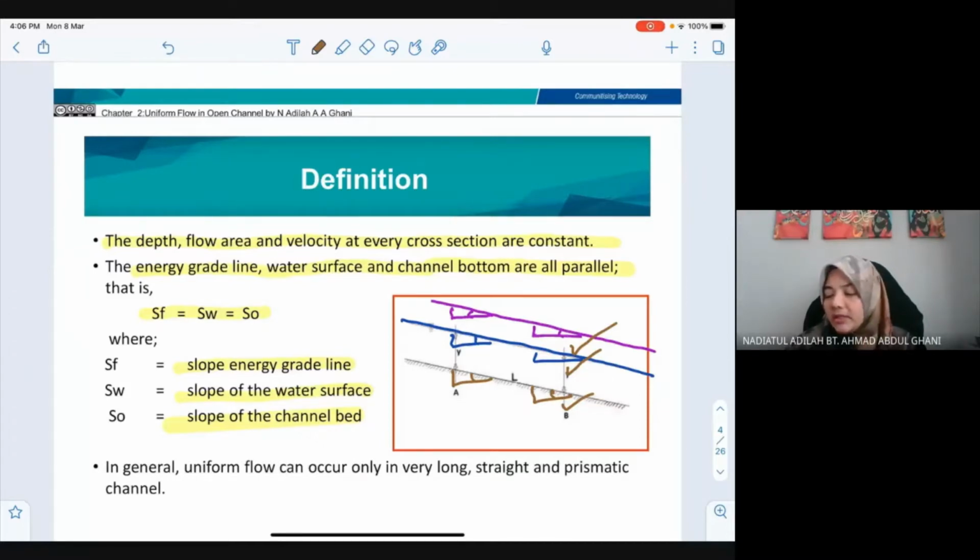So in general, uniform flow can occur only in a very long, straight and prismatic channel. Normally uniform flow ni berlaku bila kita ada satu channel yang sangat panjang, straight dan prismatic. Itu maksudnya uniform flow.